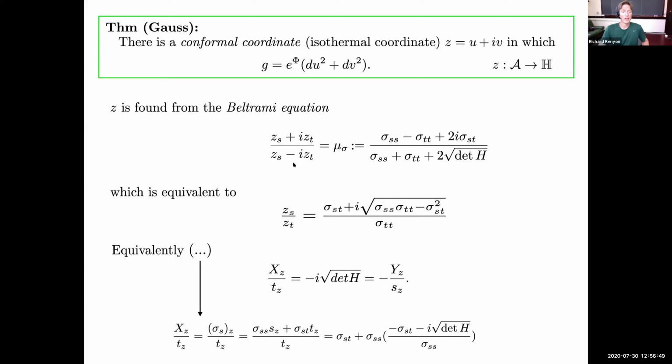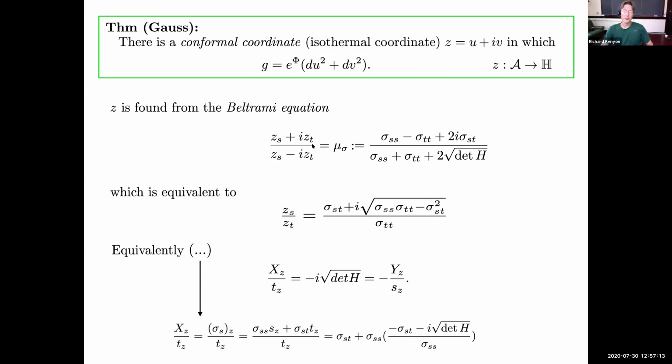Does that make sense? So anyway, this is the equation which Gauss set out to solve, and he showed that one can always solve it. Once you pick the image domain, the domain of Z, then it's well defined up to conformal automorphisms of that domain itself.